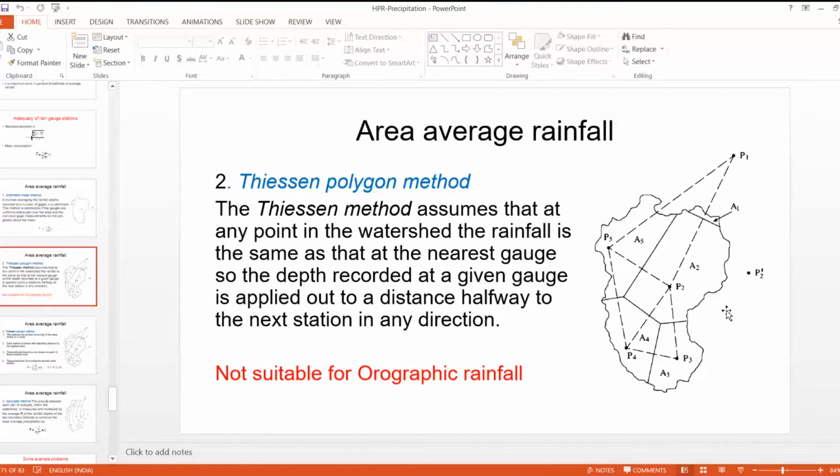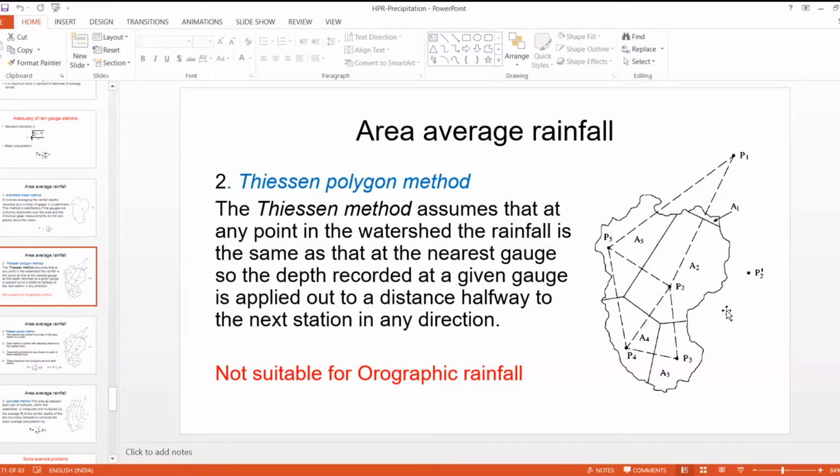So in this Thiessen polygon method, first we draw connecting lines between each rain gauge station. Then we draw perpendicular bisectors and join these perpendicular bisectors.